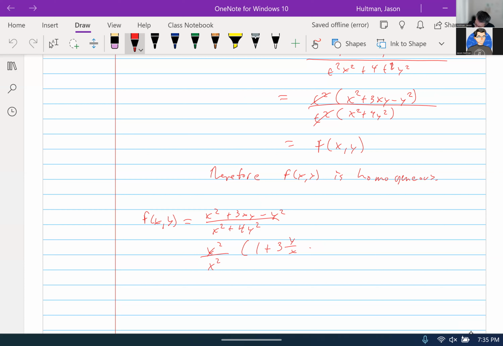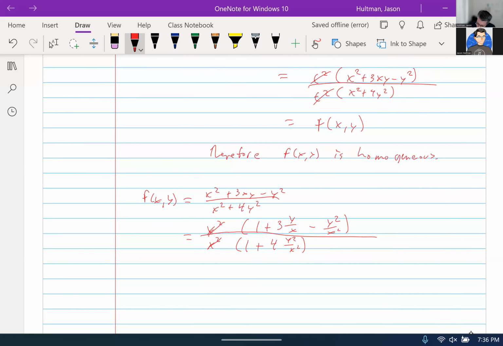Now this doesn't have an x squared, so if I make it x squared over x squared and pull out the x squared on top, it should just leave me with that x squared on the bottom. So this will be y squared over x squared, all over, pulling out an x squared on the bottom, I'm left with 1 plus 4y squared over x squared.